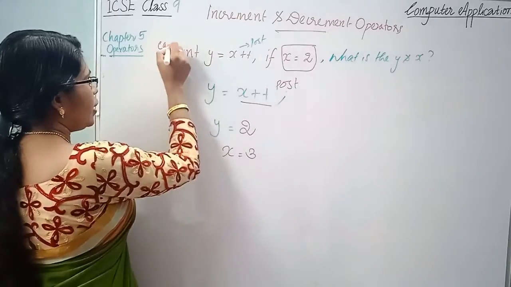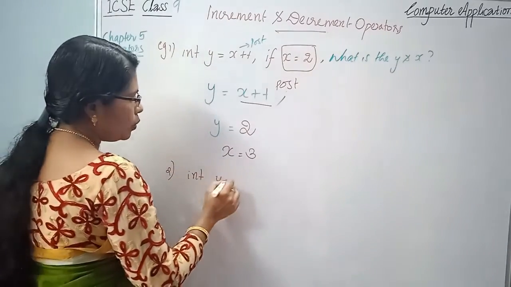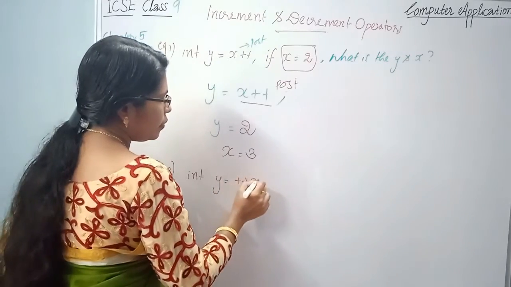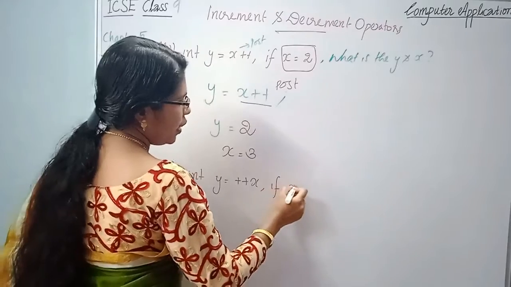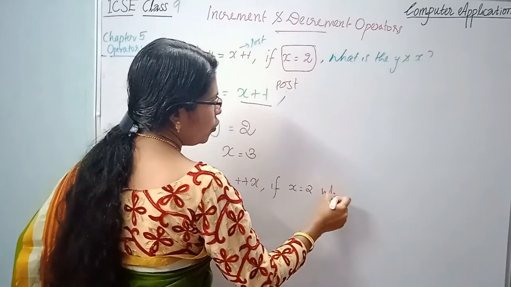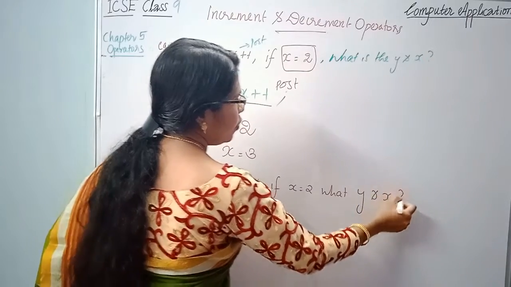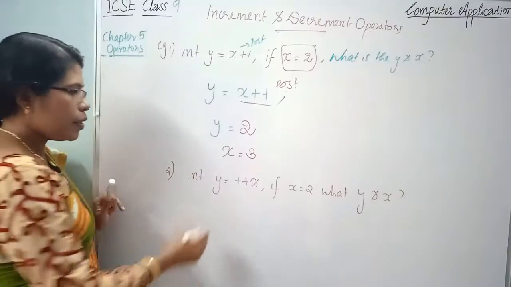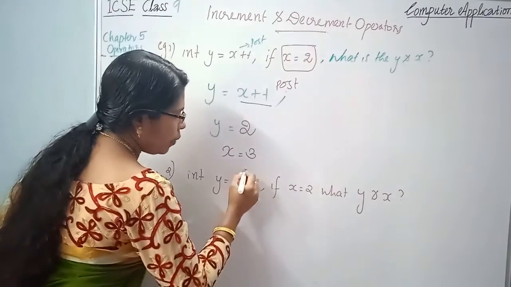Another example, int y equal to plus plus x. If x equal to 2, the same, what is the value of y and x? All of you know this is a pre-increment.